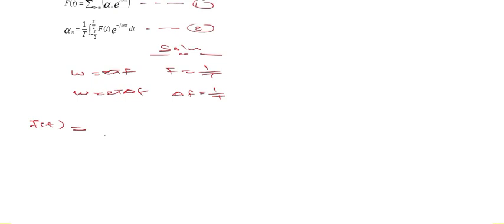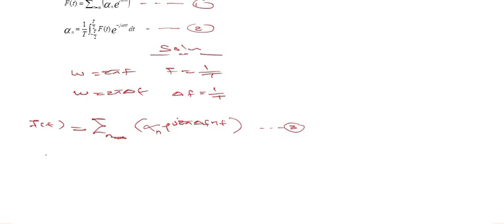So now we have f of t equal to the summation over n, lambda n exponential j 2 pi change in f n t. This is what we are having. Let's call this equation 3.